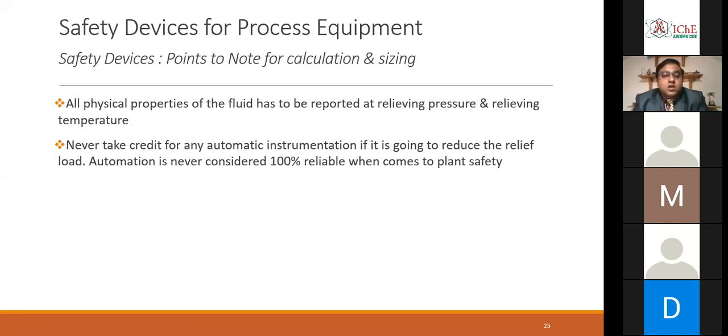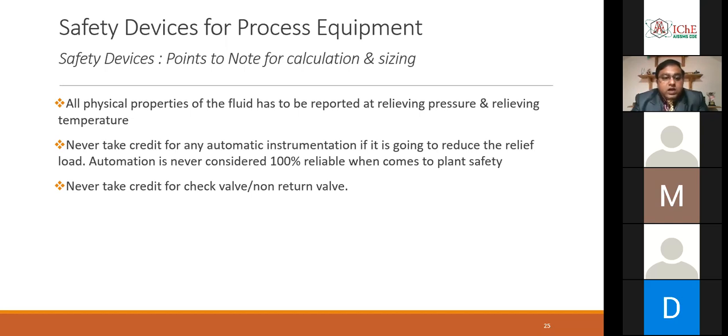No, you cannot take a trip as a credit to mitigate or reduce a relief load or a relief case. You consider that the trip function is not working. When I say safety devices, they have to encompass all the possible scenarios. So automation is never considered to be a safety mitigation step.